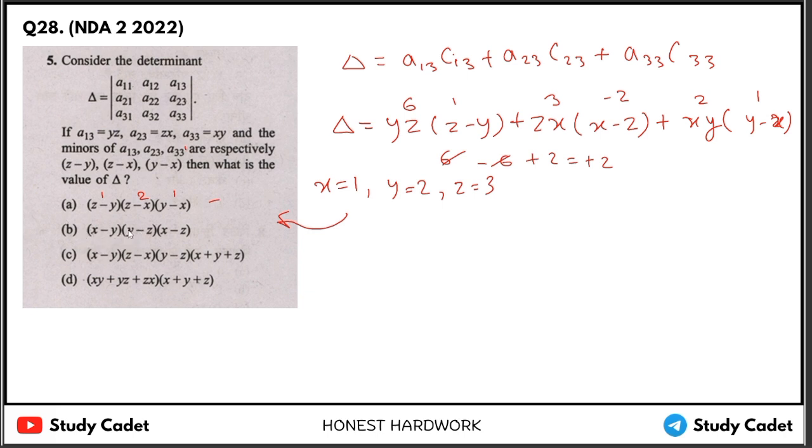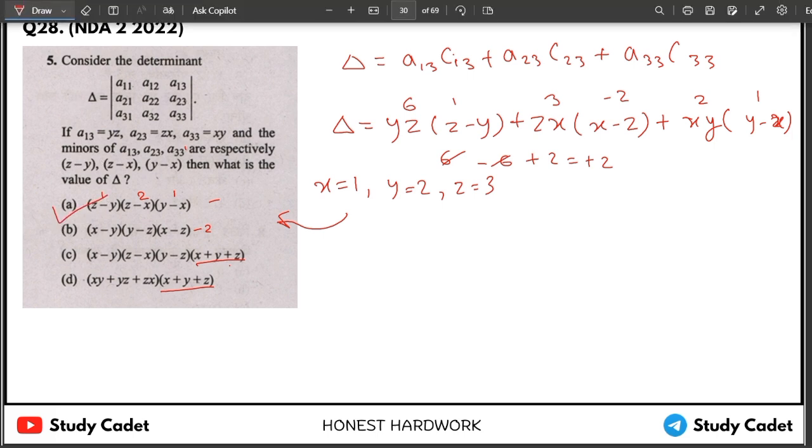In X minus Y, Y minus Z, X minus Z, the signs are changed, so it will come minus 2, I think. In the same way X minus Y, Y minus Z, Z minus X will be plus 2 with something multiplied, and this cannot be the answer, so A is the answer.